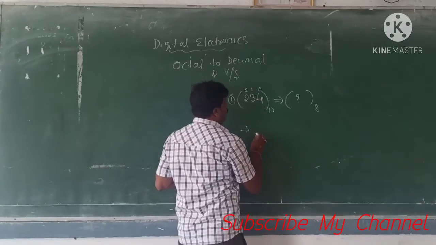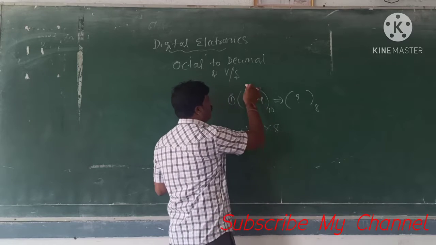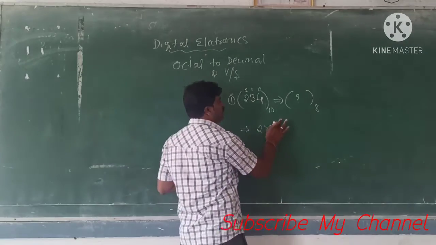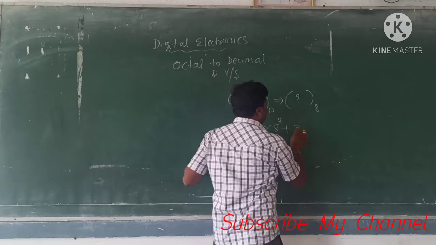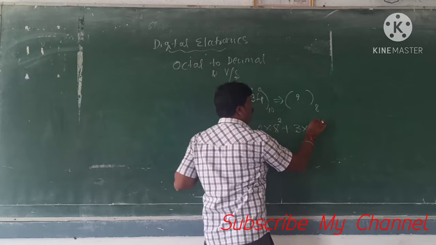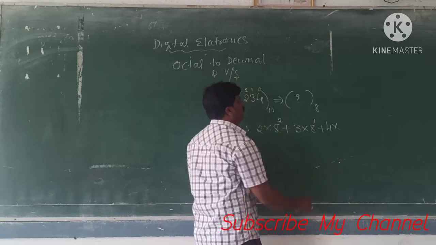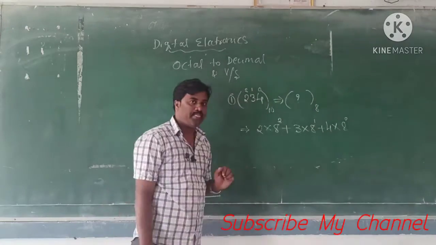Now 2 into 8 raised to 2, plus 3 into 8 raised to 1, plus 4 into 8 raised to 0.